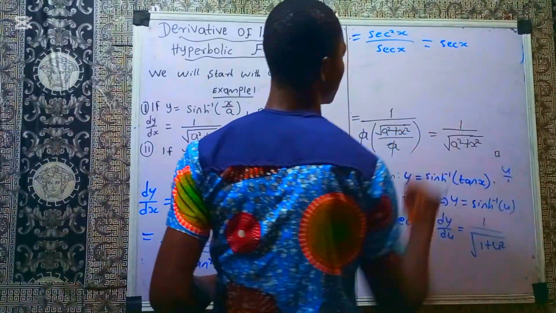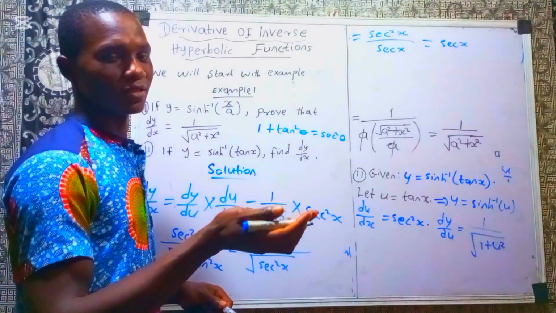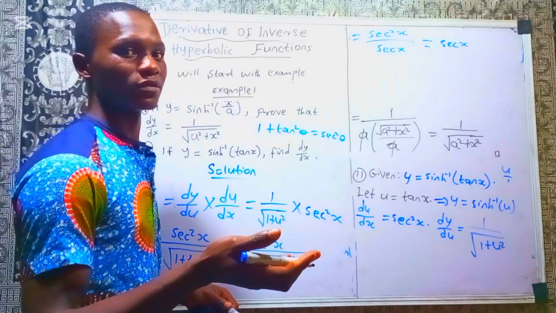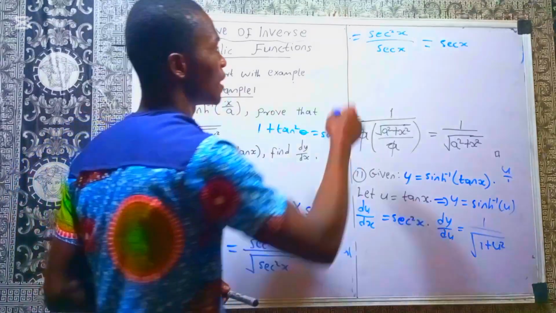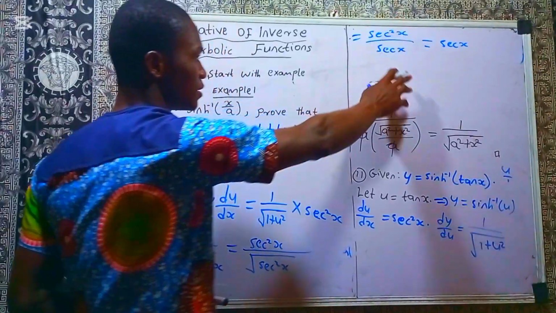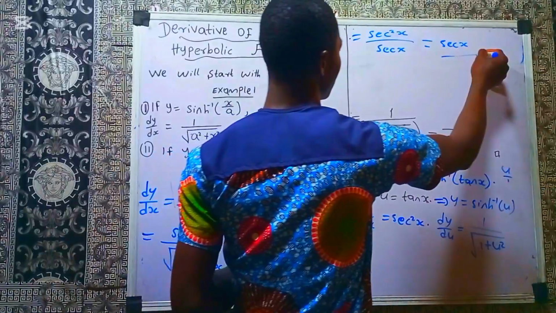Sec x. It's just like 2 divided by 2 squared, which is 1 over 2, or 3 divided by 3 squared. That's what we did here. Sec x divides sec squared x. You get sec x. So that's the derivative of that.